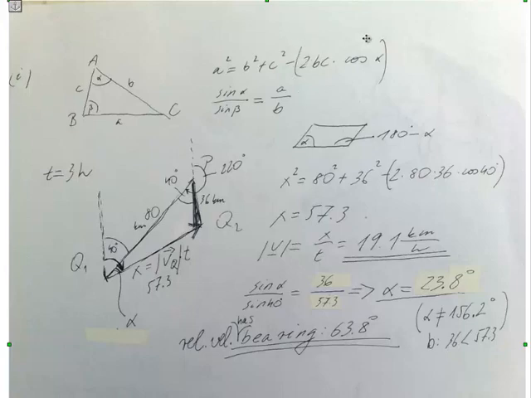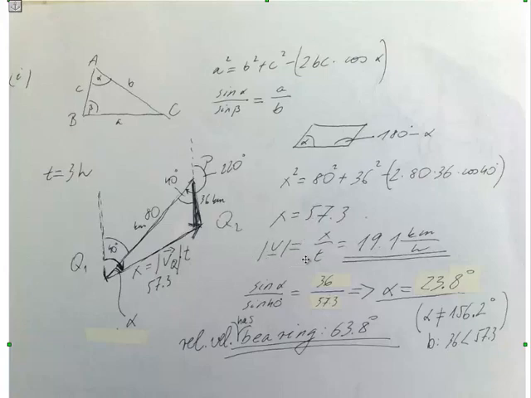The parenthesis is not important, but it's useful because the students miss the order of the operation. So we apply this formula here. X is this side, and after calculation we get that X is equal to 57.3 kilometers.